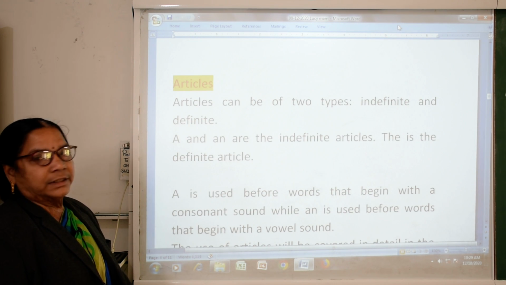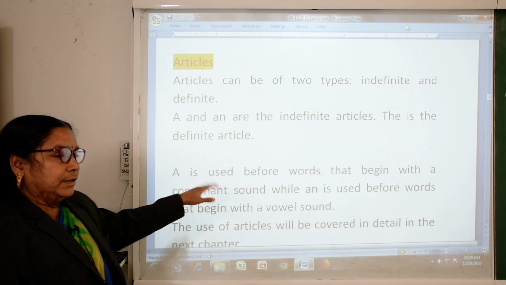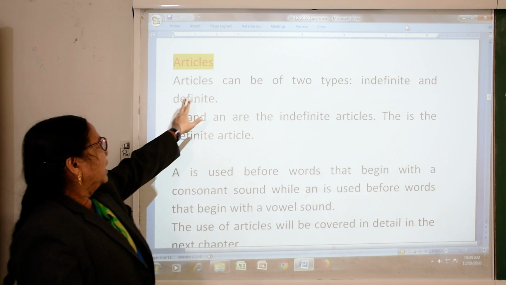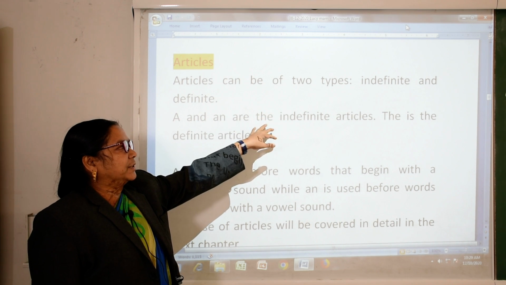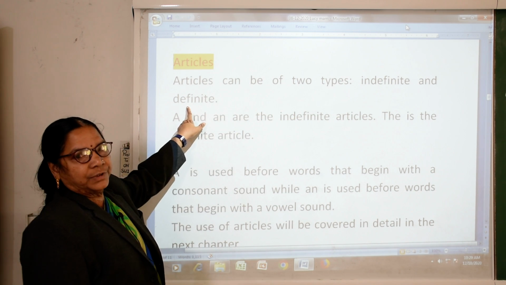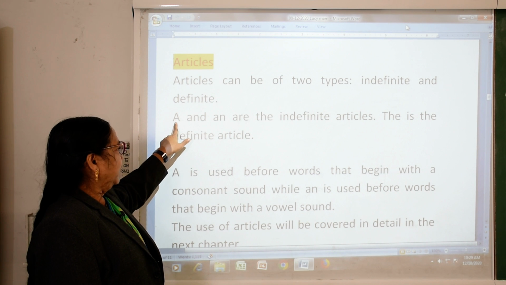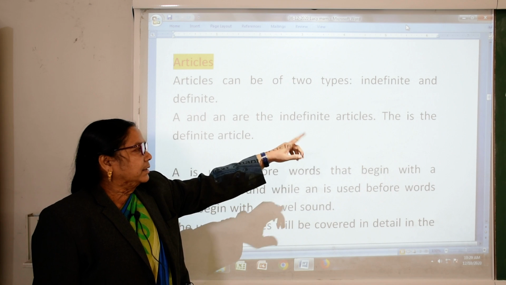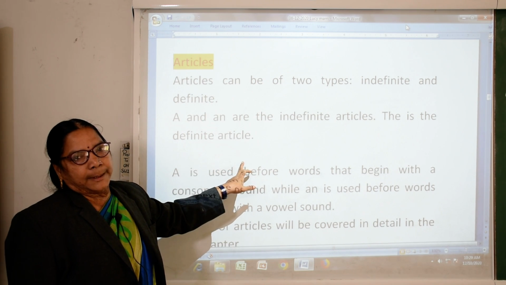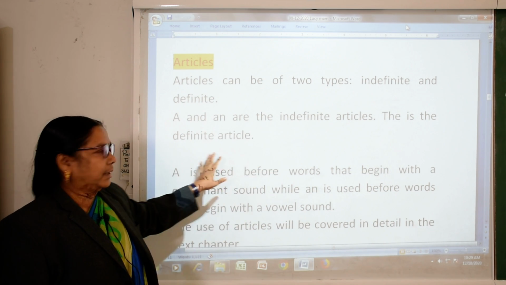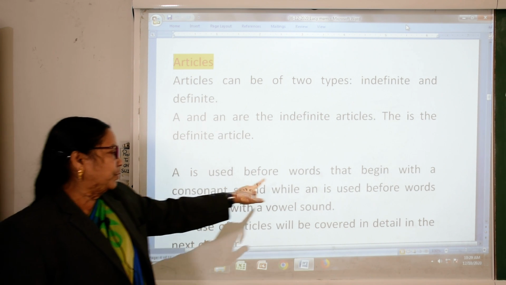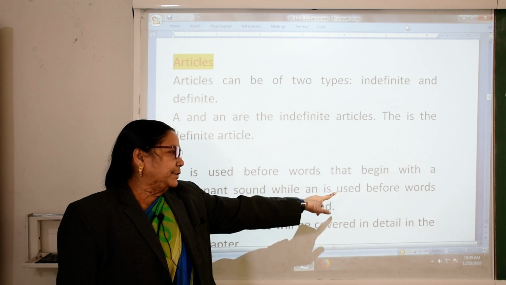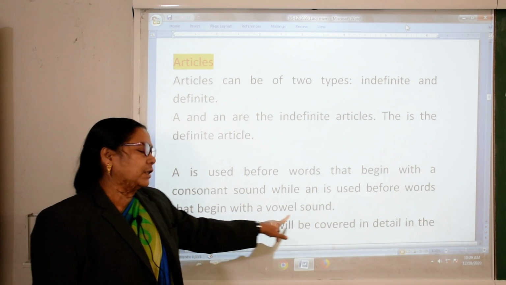Now we will see articles, and we will study articles in detail in the next chapter. Articles can be of two types: indefinite and definite. A and an are the indefinite articles. The is the definite article. A is used before a word that begins with a consonant sound, while an is used before a word that begins with a vowel sound.